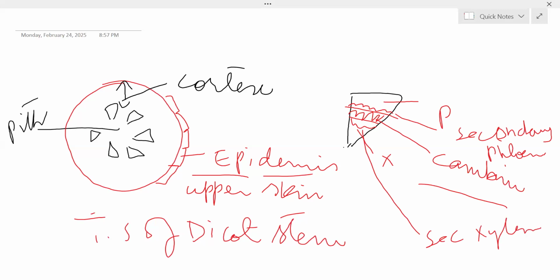In this way, this ring is going to expand not only on the side but also outward in this way. And when they grow in this way, we call it lateral meristem, and it helps in the growth of the stem or the plant. The growth of stem is increased by them, and this is lateral meristem.